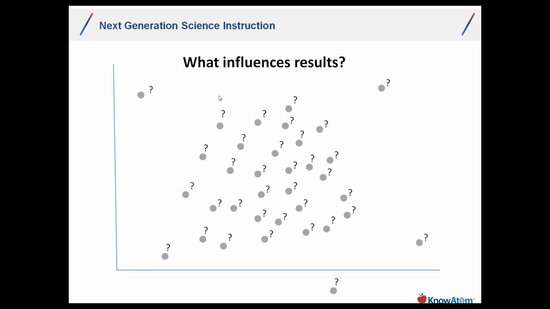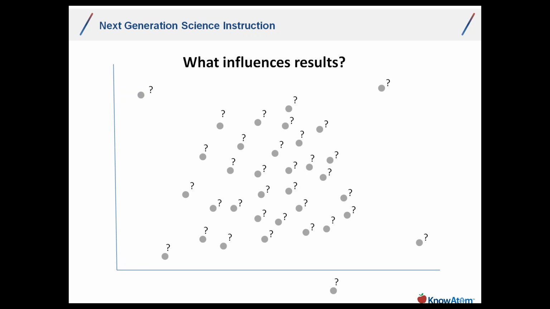Were there choices that certain groups made that placed them up here and other teams didn't make and placed them someplace else?